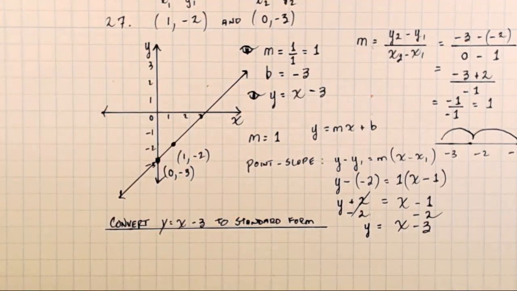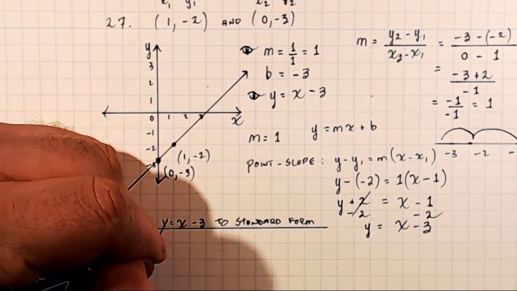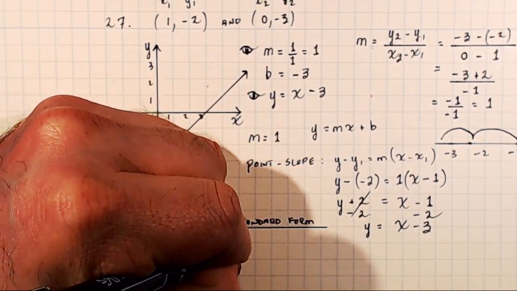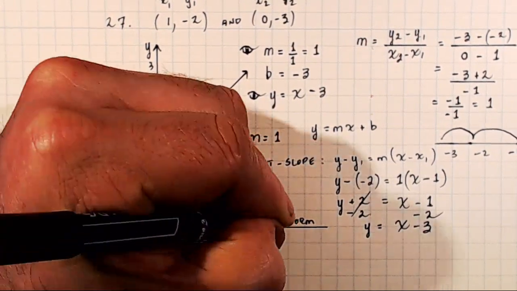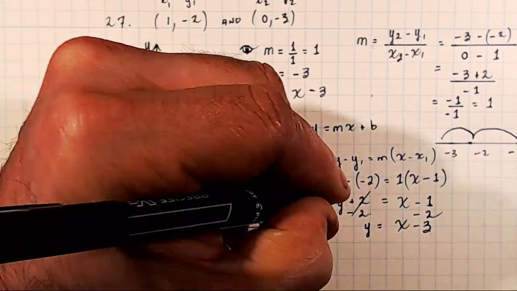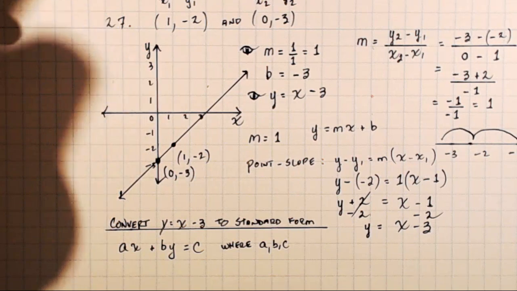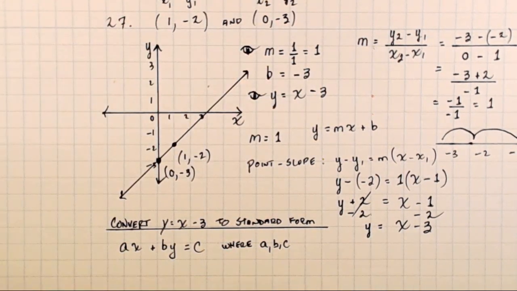Remember, standard form is ax plus by equals c, where a, b, and c are whole numbers, integers, and the a is positive.